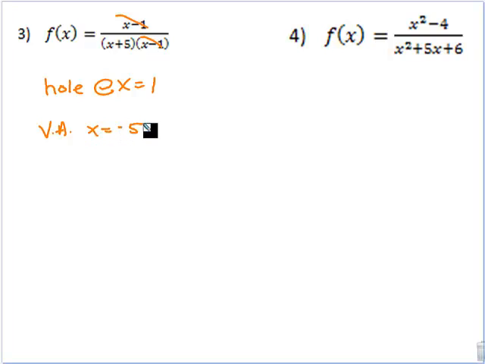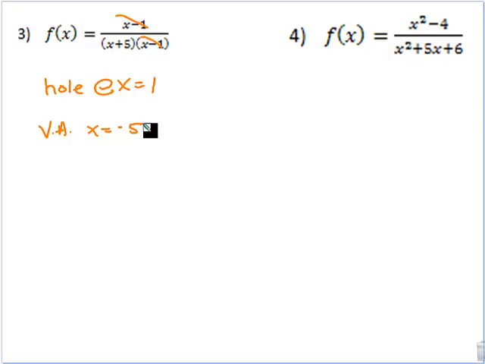Is there always going to be both a hole and a vertical asymptote? There will always be one or the other, or maybe both. When you're graphing them yourself, though, there will never be both in the same graph. If there's no x in the numerator to cancel with, you'd only have vertical asymptotes.